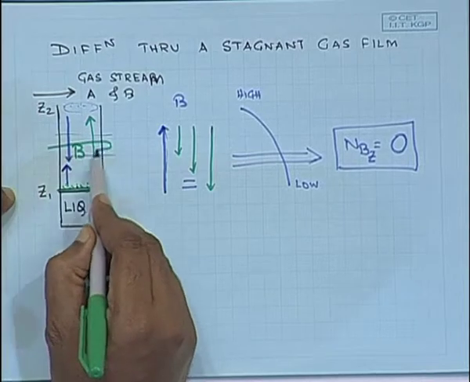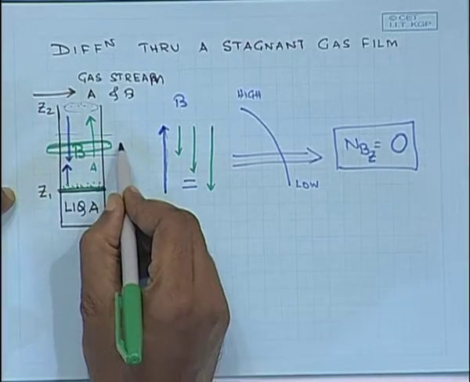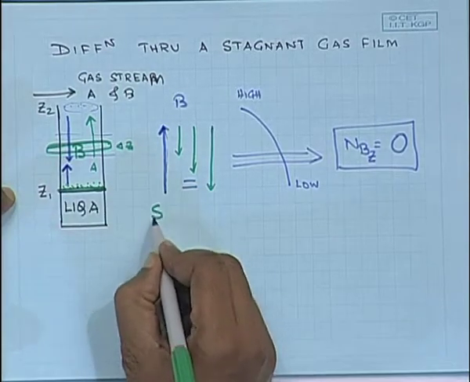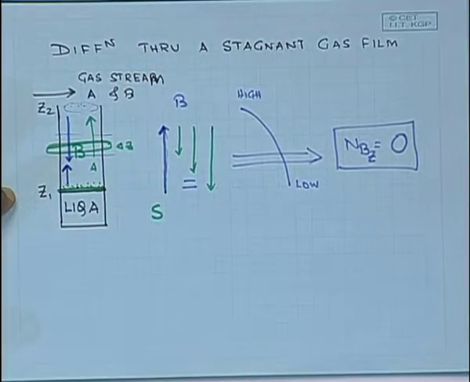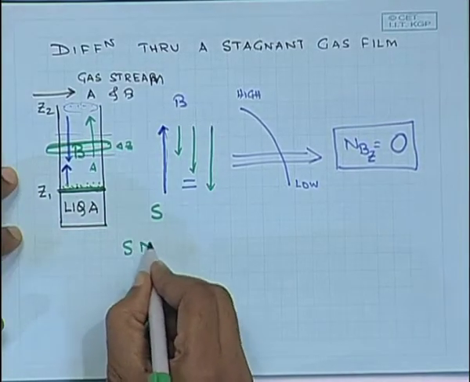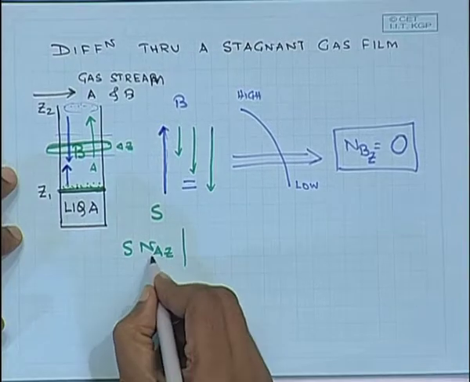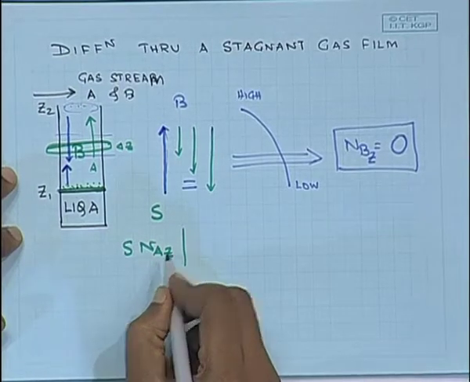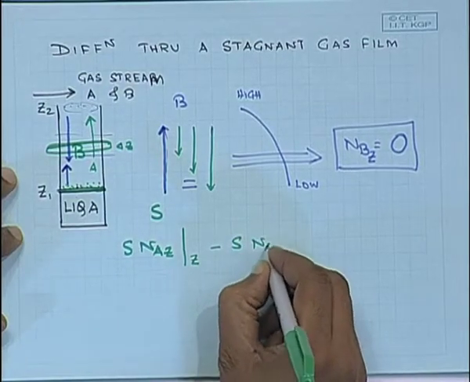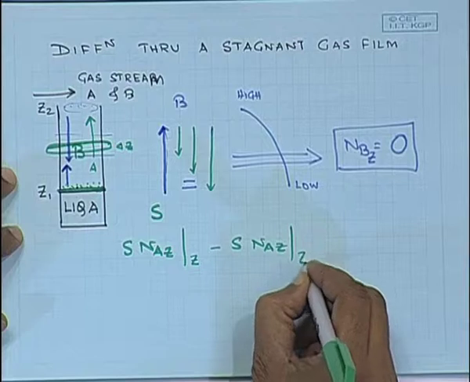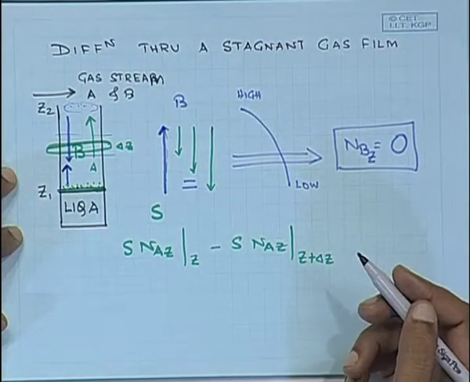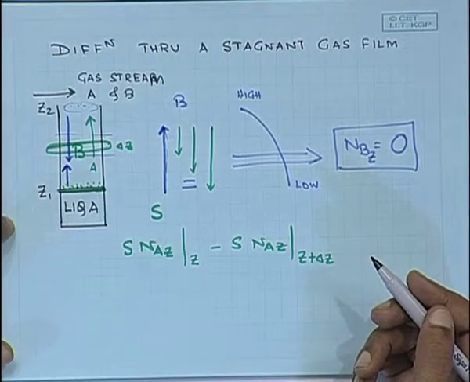So, I choose this shell, let us say of thickness delta Z, and let us say its cross sectional area is S. So, S times NAZ, this is molar flux of A in the Z direction at some Z location, minus S NAZ at Z plus delta Z, and generation or depletion term, would there be any generation or depletion?